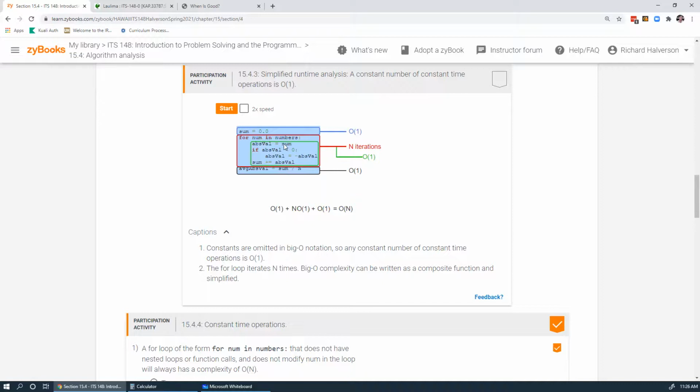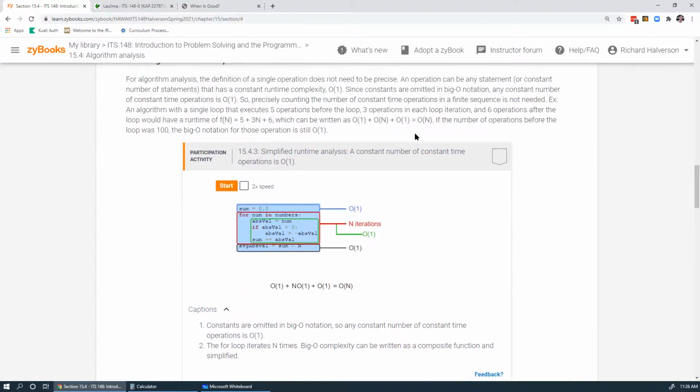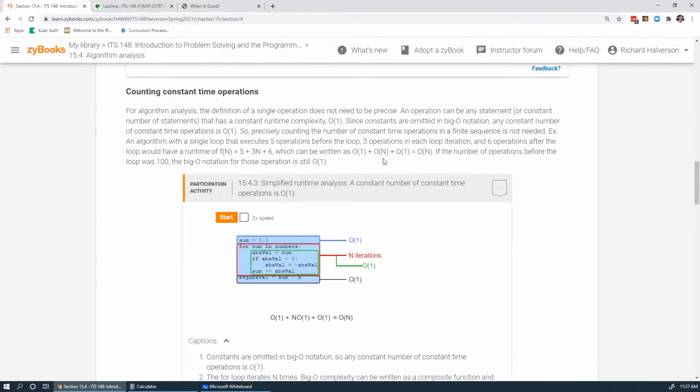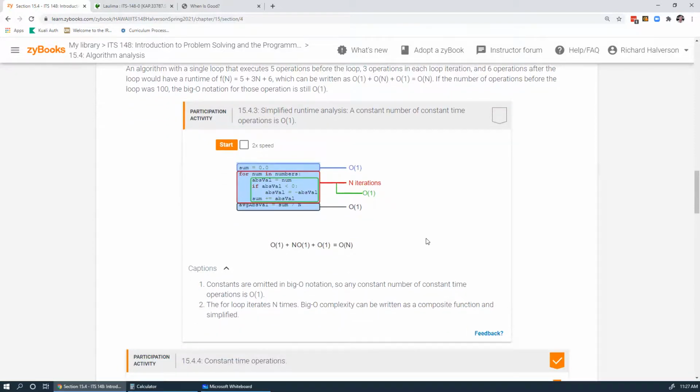For num in numbers, I think n iterations.